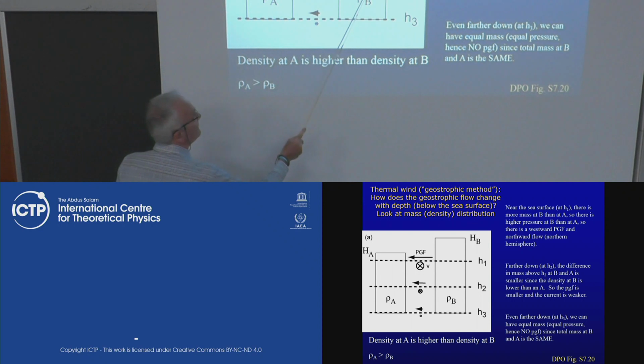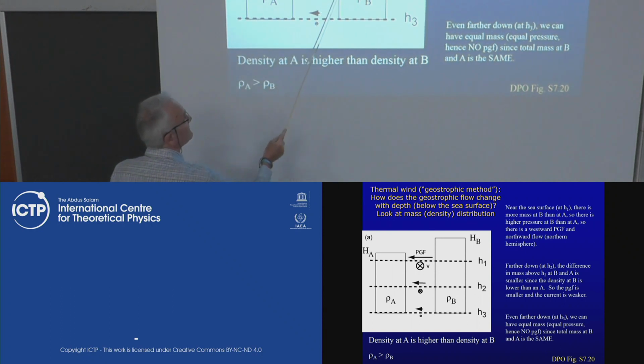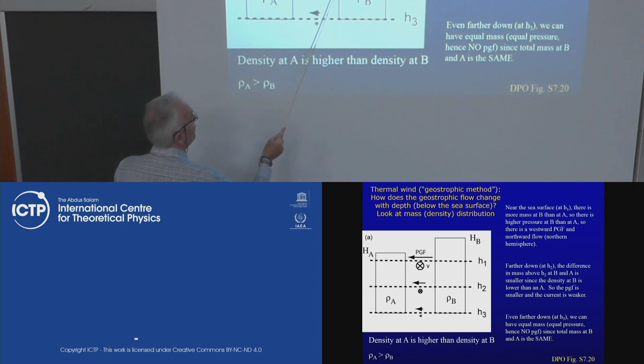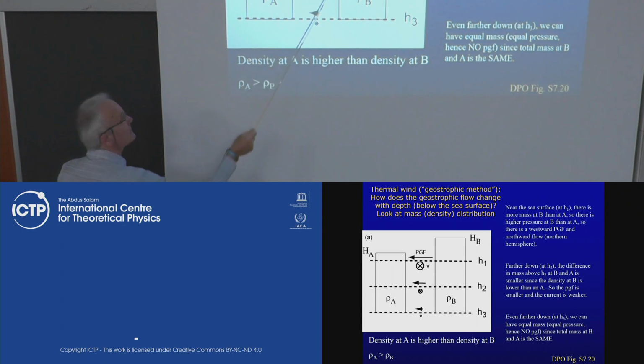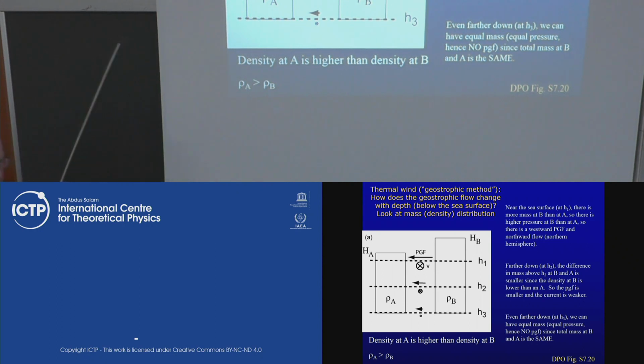And so at this point here, we have the contribution of the sea level: the water column above is higher than the water column above the other, and although the density here is lower than here, the pressure is larger here than here. This is how we can obtain the surface flow as a function of the sea level slope.